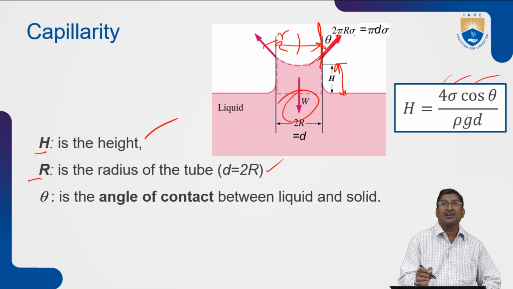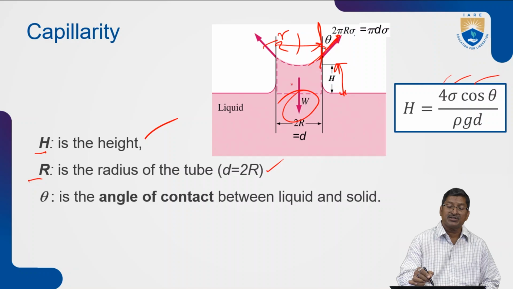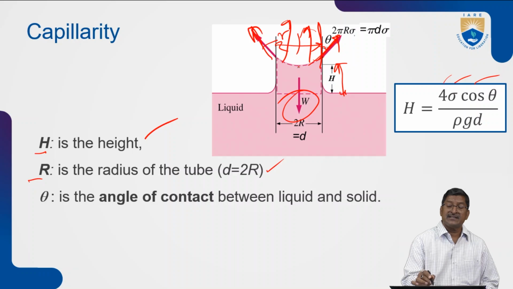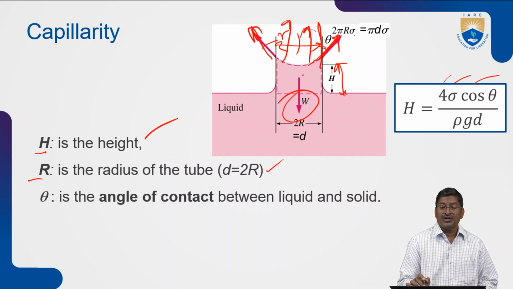Weight of water equals this upward pressure. So this is a force. You can see here an arrow mark, this is the upward pressure. This is an inclined force, and if you resolve that vertically, it will become the upward force. So the water will rise in a tube depending upon the weight of the fluid.